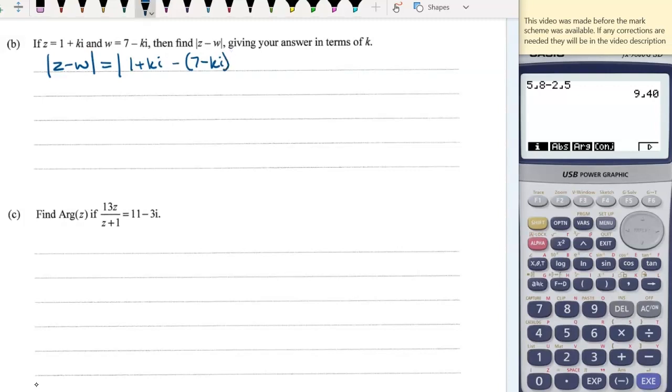So that's going to be the modulus of 1 minus 7 is 6, and ki plus ki will be 2ki. So the modulus of that means to do the square root of 6 squared plus 2k squared. So that is the square root of 36 plus 4k squared.